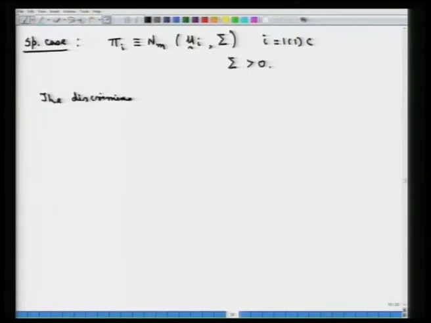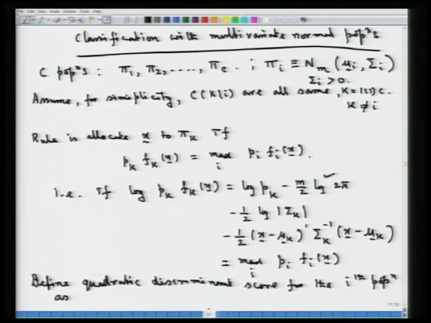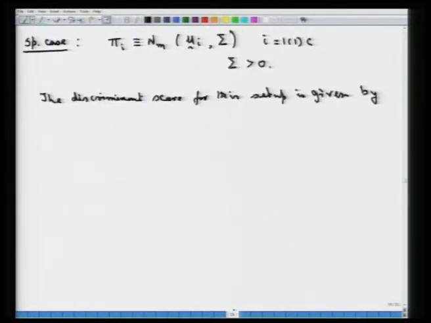the discriminant score for this setup is given by, following exactly the same type of approach, pk fk(x). Now these fk(x)'s for the k populations will only differ by the corresponding mean vector quantity, and hence the discriminant score is going to be given by minus half log of determinant of sigma, because the sigma matrix was assumed to be the same.